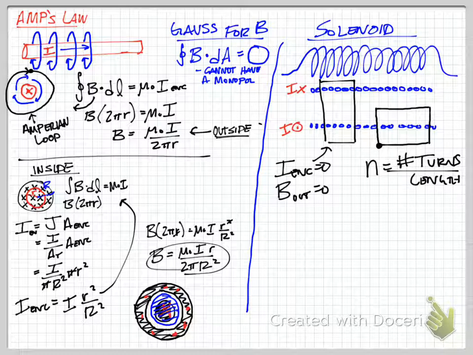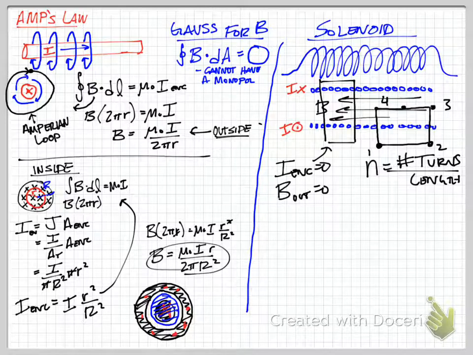So, first off, for the solenoid, the magnetic field is out of the page here. Any point along here, the radius is up, and so in the middle we're going to have a magnetic field that points that way. So when we do our Amperian loop, we're going to integrate around from 1 to 2, 2 to 3, 3 to 4, and 4 back down to 1.